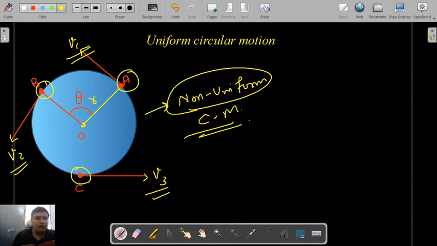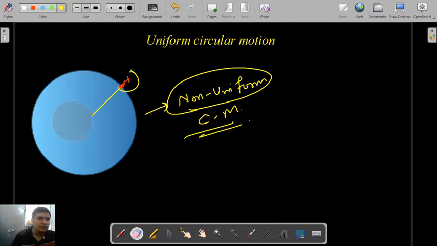Okay, so now we are going to discuss some important facts related to uniform circular motion. So let's erase them first.